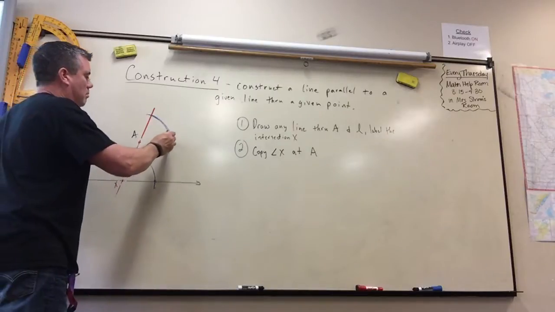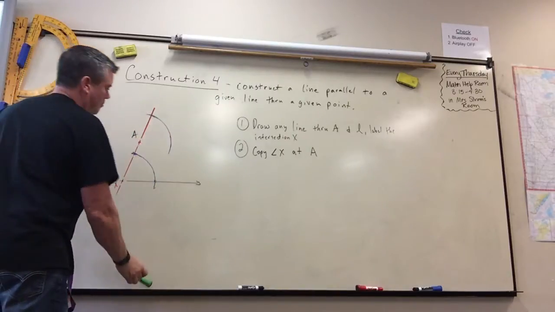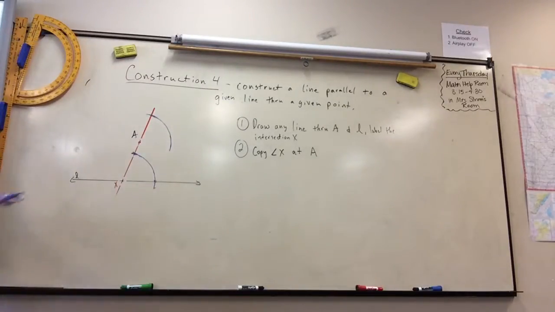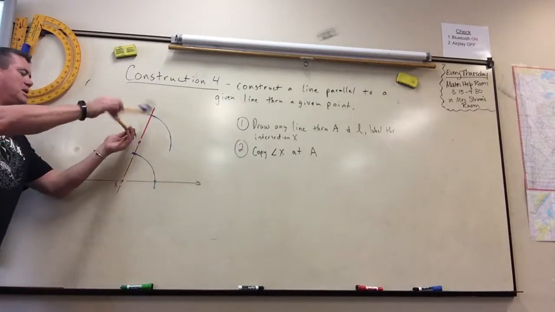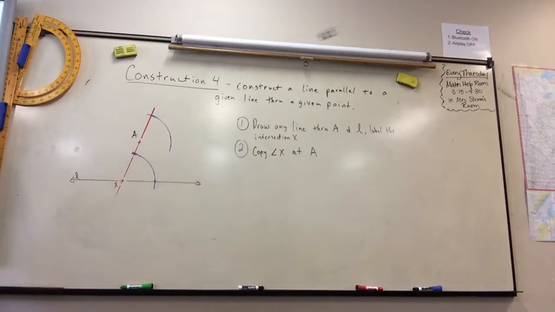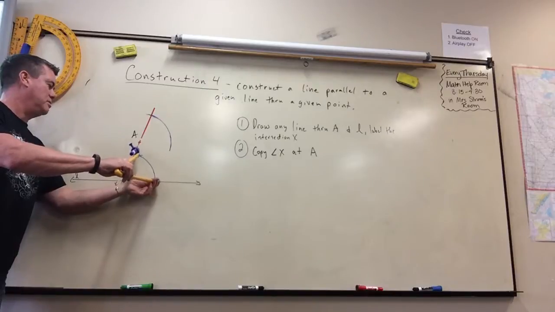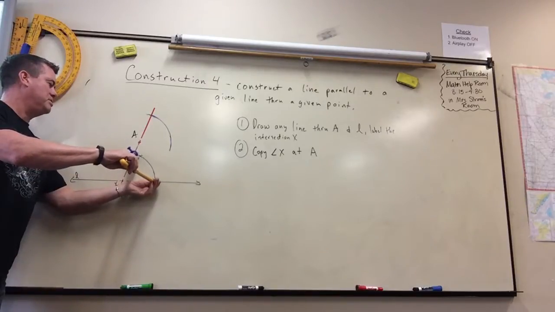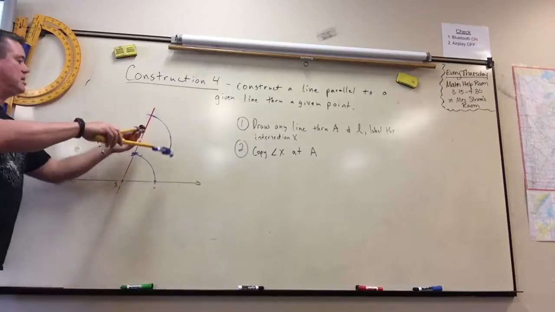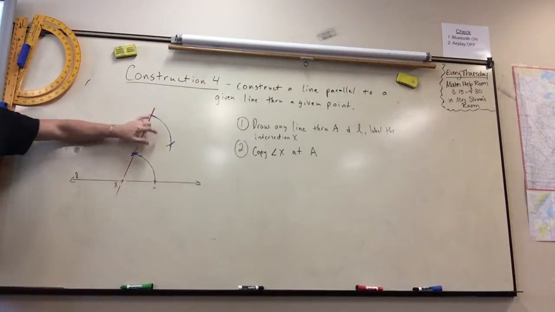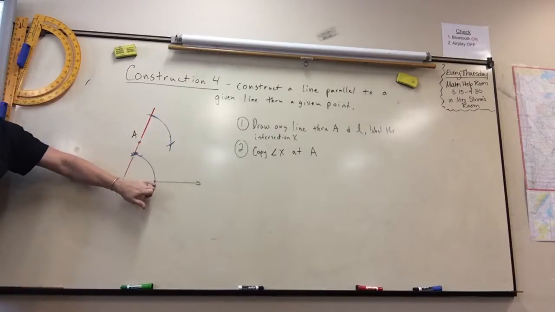So to copy an angle, you just make an arc at X, a mark at A. Then what you have to do is measure to see how wide angle X is. So you open your compass up, that's why we made the arcs, to see how far it is from each point. You keep that the same here and make this the same. So from here to here is the same as there to there.